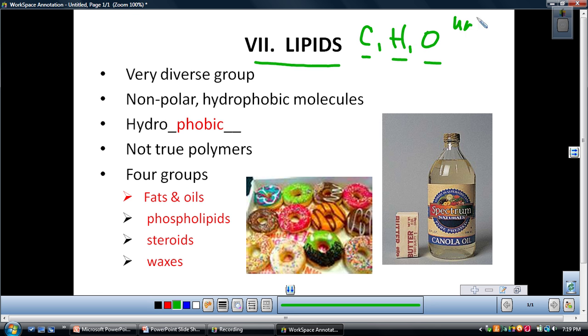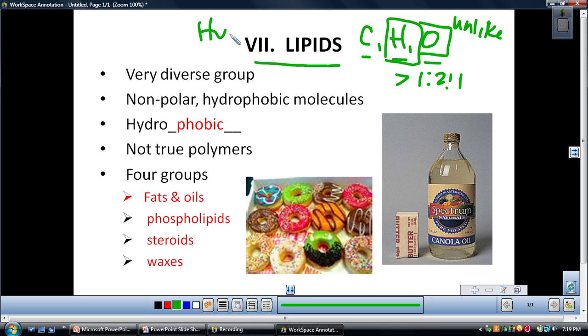And unlike carbohydrates, there is no 1 to 2 to 1 ratio between the carbons, hydrogens, and oxygens. In fact, there is a much greater ratio than 1 to 2 to 1. You're going to see quite a high disparity between the number of hydrogens compared to the number of oxygens, because these tend to be long hydrocarbons.